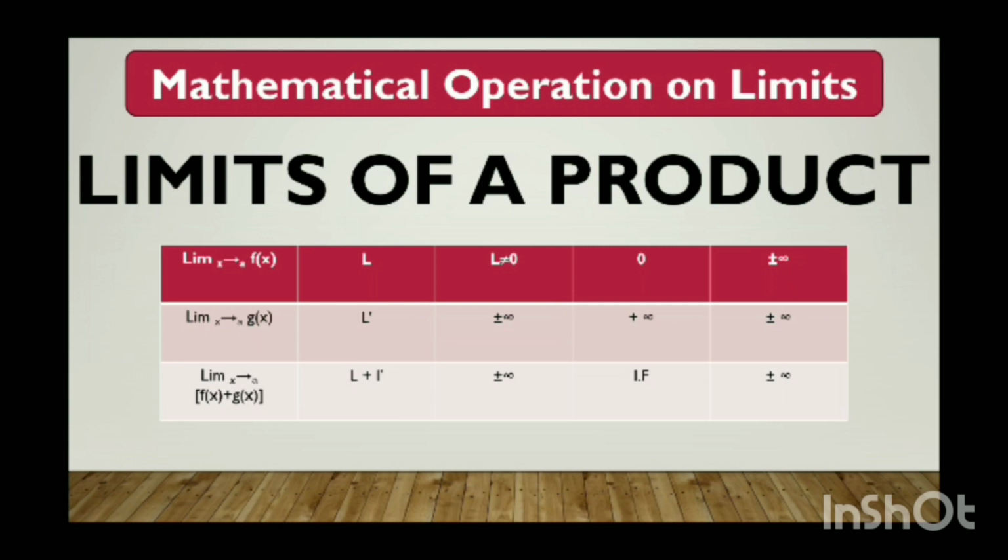So we have 0 times positive infinity, which is undefined as well. We have started seeing some limits that will give us a certain number that we cannot actually tell what the number is. So that's why we say it is undefined. It's an indeterminate form. We cannot determine the exact value of that limit.